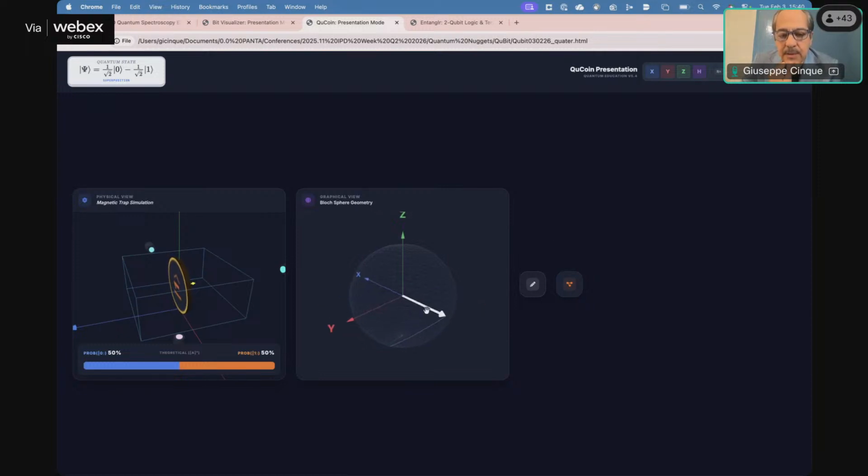In this case, for example, it is in a superposition. And you can see the representation, the so-called ket notation. In this case it is 1 over square root of 2 times 0 minus 1 over square root of 2 times 1. Okay, that's another representation for the qubit.